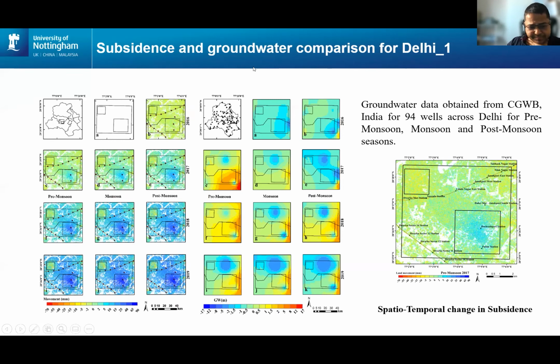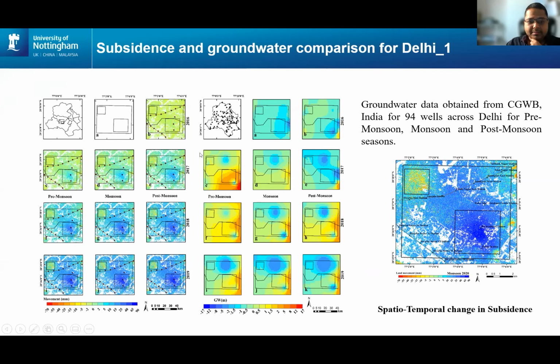We could see that especially in the later half of our observation period, that is 2018-19, in this area the groundwater increase is taking place, and we could clearly see the land uplift, right?